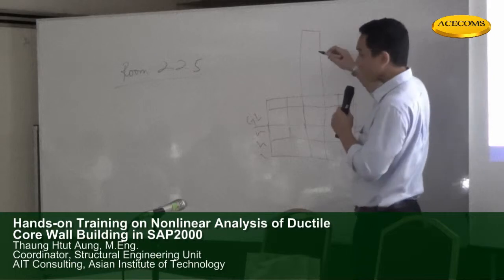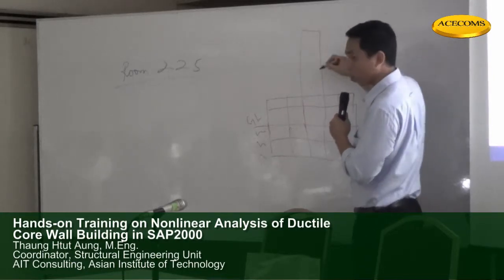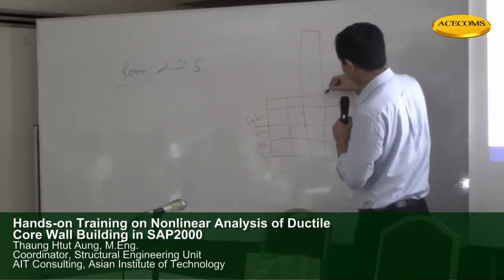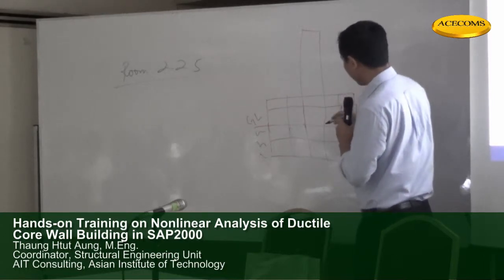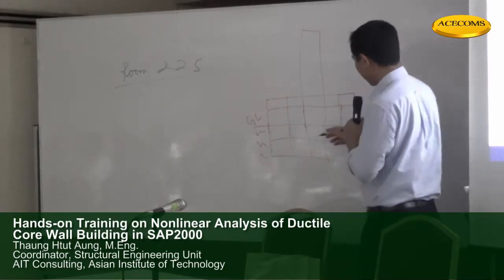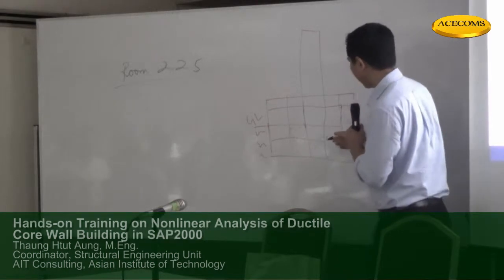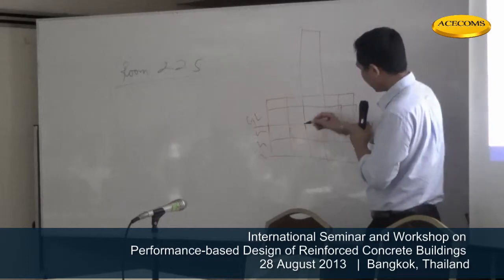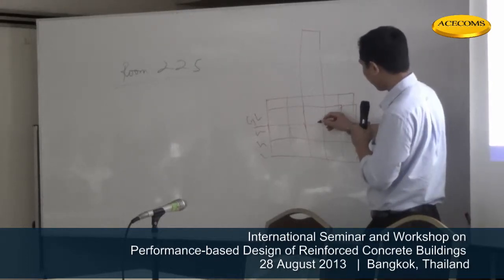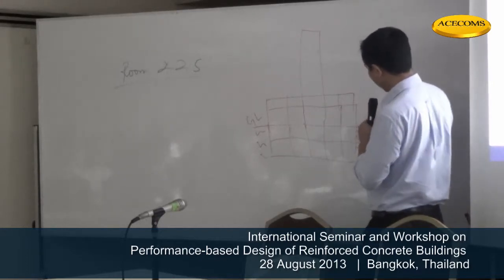So the seismic force coming from the tower will be transferred to the podium diaphragms as well as the ground level diaphragms and the basement levels. Especially here at the ground level, the seismic force will transfer from the tower to the soil.